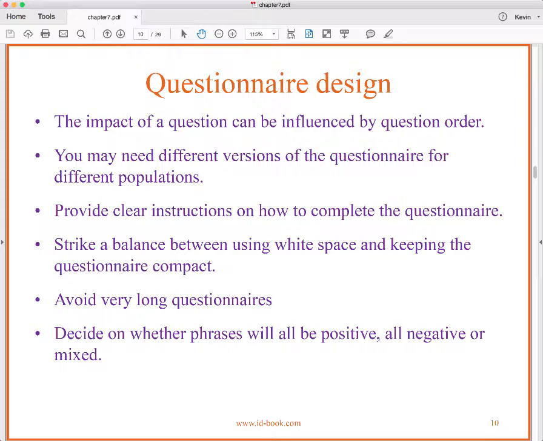So, questionnaire design. Well, we talked about open and closed questions already, okay? So the impact of a question can be influenced by the question order. You need to keep that in mind. We may need different versions of the questionnaire for different populations. This is an interesting claim, okay?